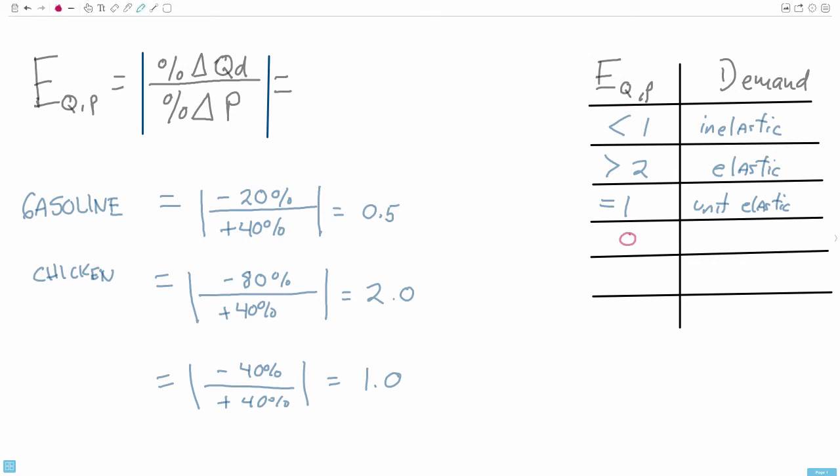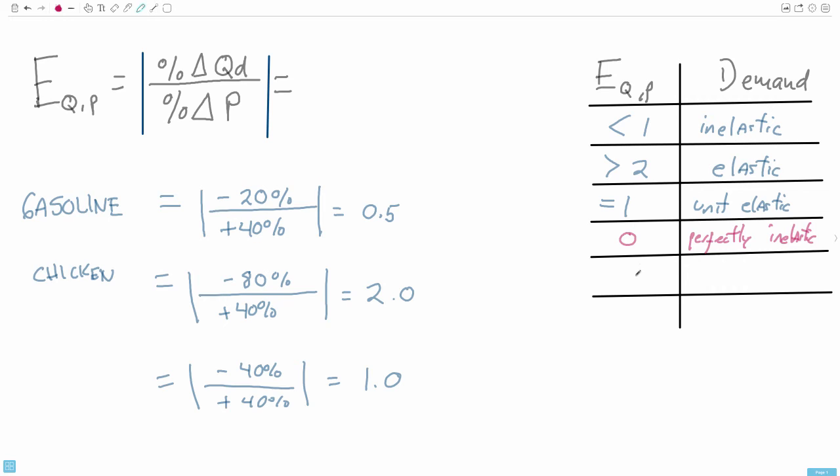Well, that the numerator is equal to 0, that quantity demanded doesn't change. So that means that it doesn't matter what price change you have here, QD is not going to change. That means that the demand curve is perfectly inelastic. In other words, totally, completely irresponsive.